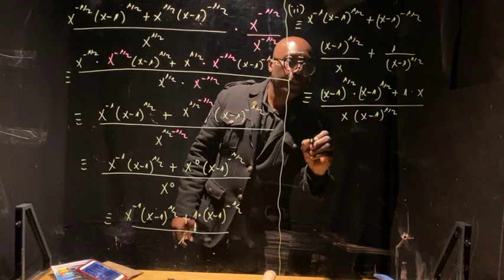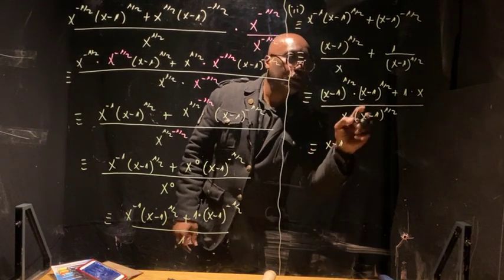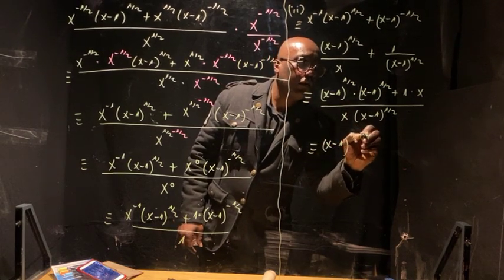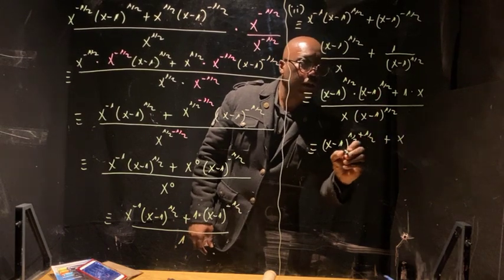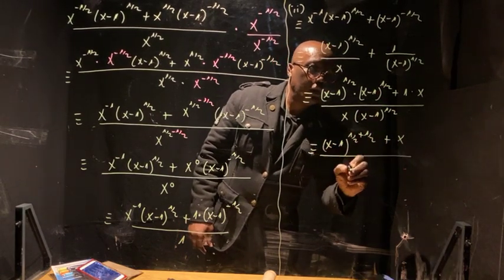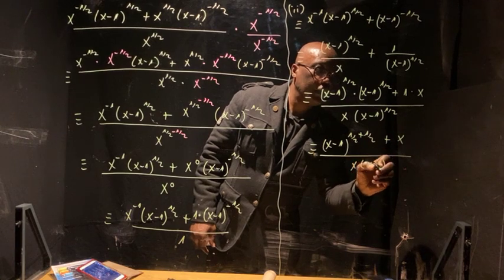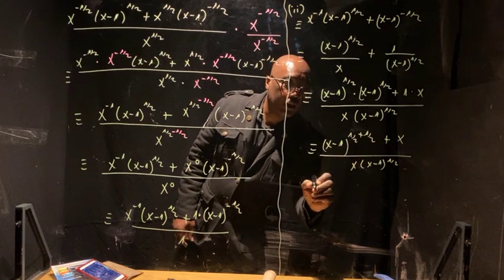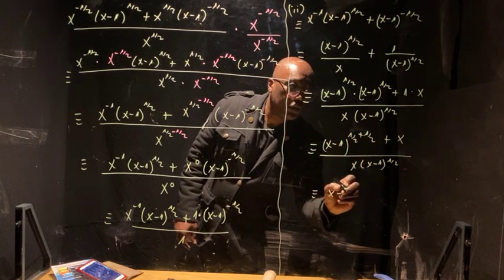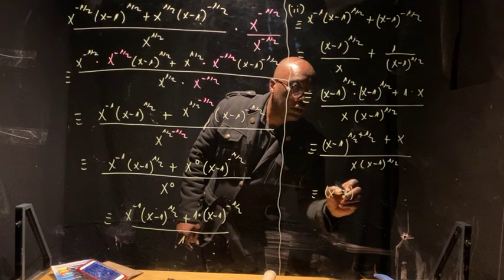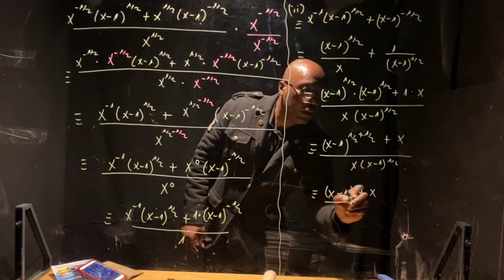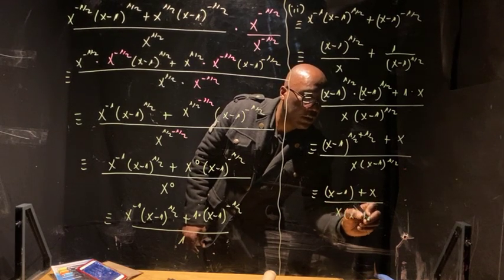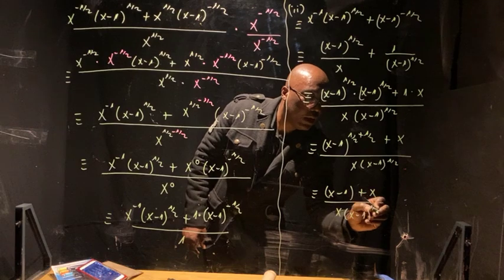Lower 1, x minus 1, because this one and this one are identical, half plus half, plus x. Then you have x minus 1 half. Half plus half is equals to 1. Then you have x minus 1 plus x all over x minus 1 raised to the power half.